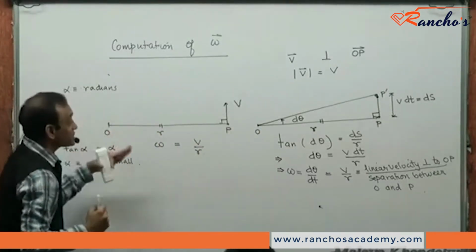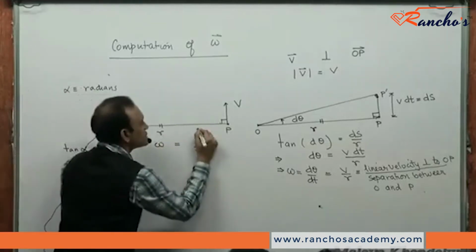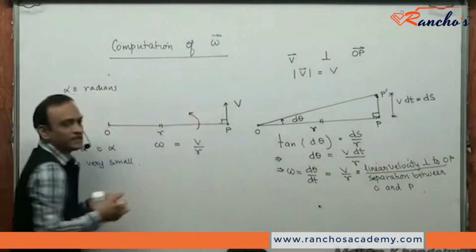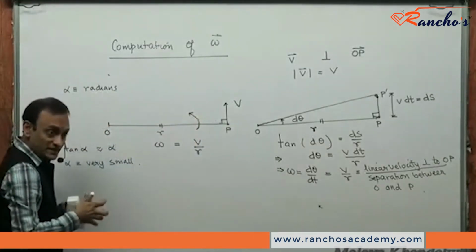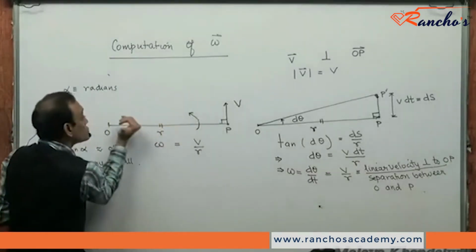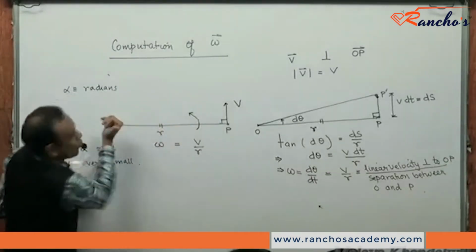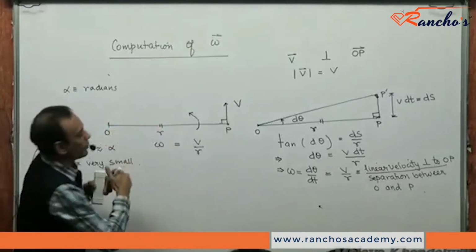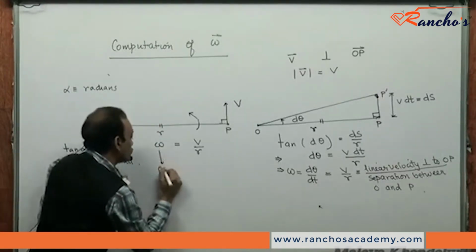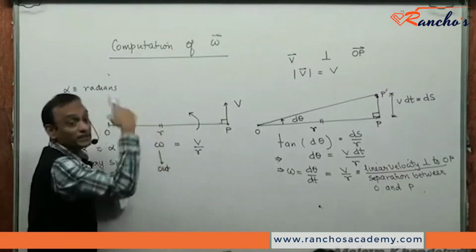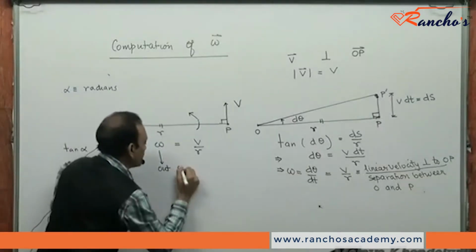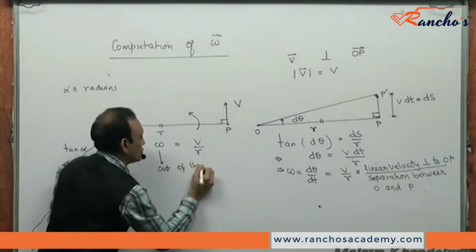And in this case, since OP is getting reoriented in the anti-clockwise sense, omega would be out of the plane of the board for the figure that I have drawn.